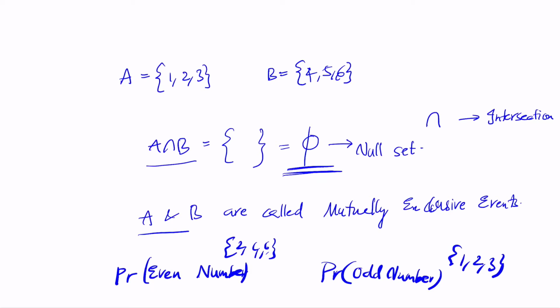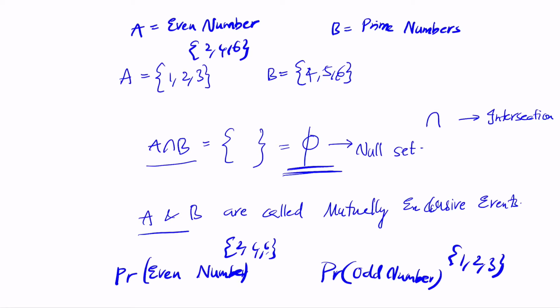But I can take another example. Let's say there are two events. A represents an even number and B represents prime numbers. If you take the set of numbers in A, you get 2, 4 and 6. Prime numbers are 1, 2, 3 and 5.